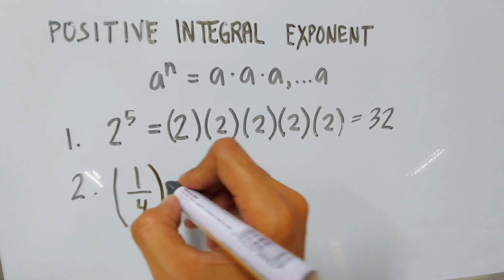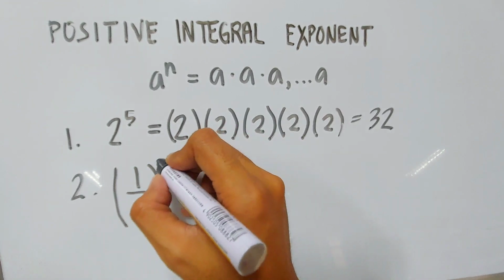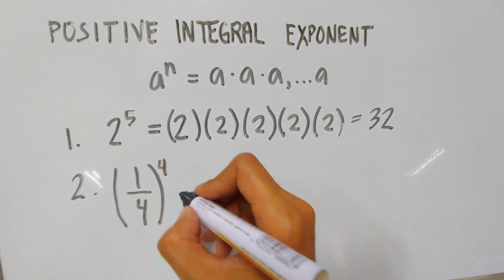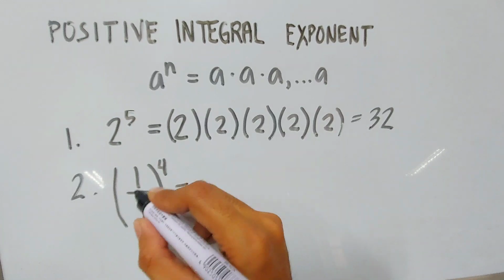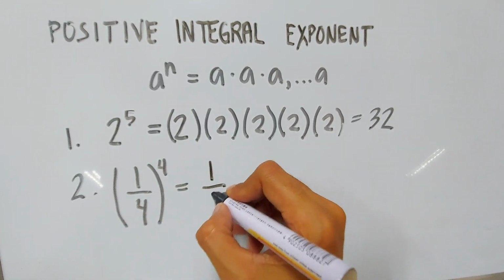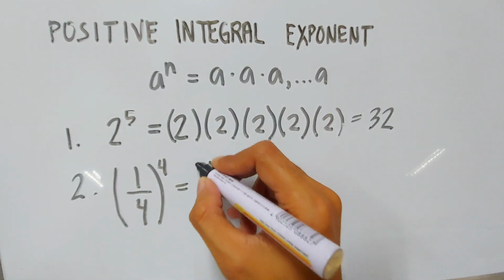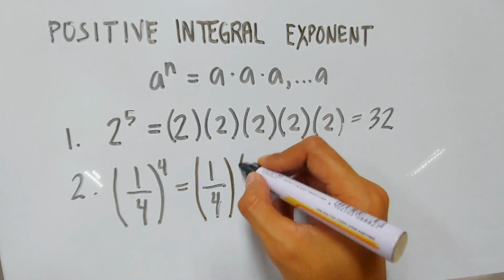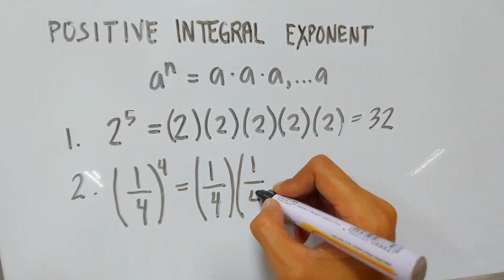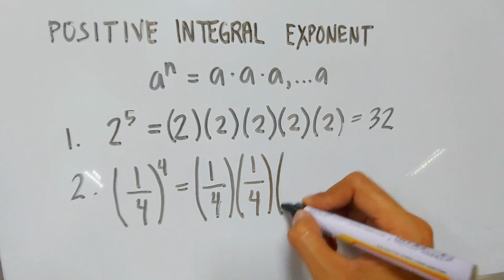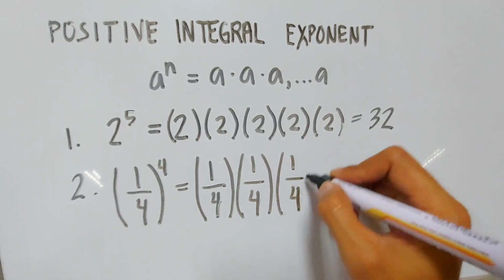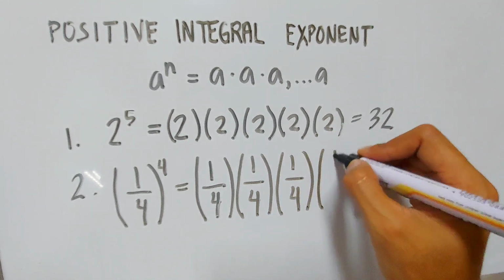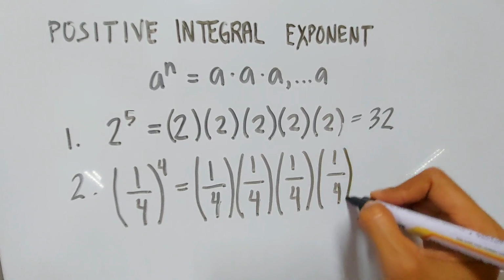Next example, the quantity of 1 over 4 raised to 4. Okay, so we need to get the expanded form of that. So, 1/4 times 1/4, bali 4 na 1/4 na ipagmumultiply natin. Times 1/4 times 1/4.